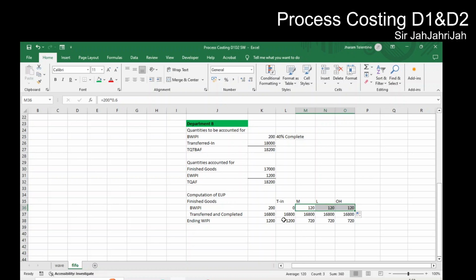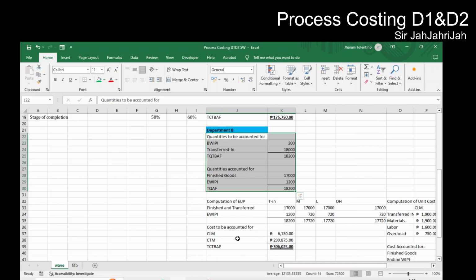So we have 120. Take everything as 120. Then all equals, then voila. Those are our EUP. After the EUP, we can also copy the cost to be accounted for right here.